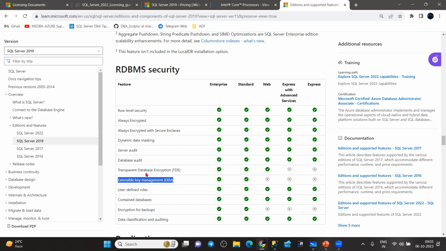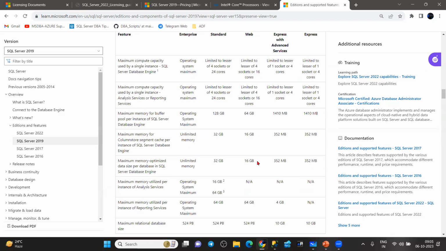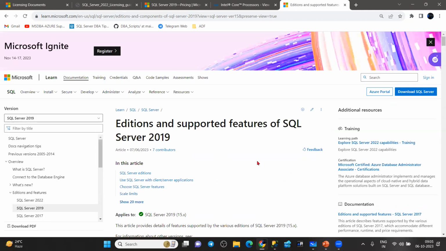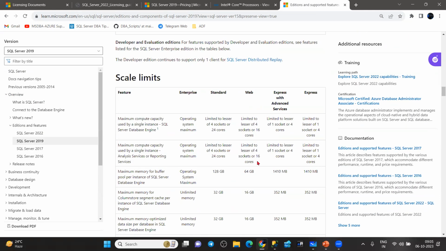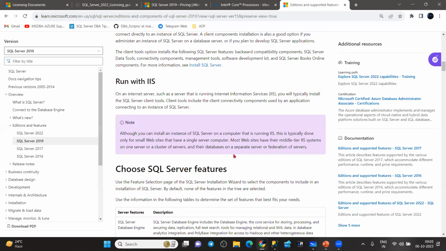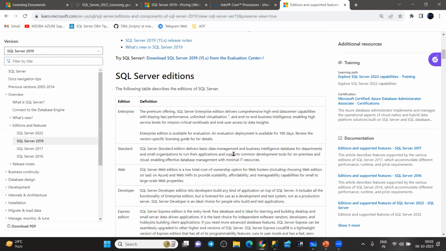So the major thing is you will see differences at feature level, and the other major thing is you will see resource level limitations when you go from edition to edition, sir. So majorly which edition will you use? Standard Edition. Later we'll go for Enterprise Edition. In real time, if you use Standard Edition, then we can't use Always On, right?